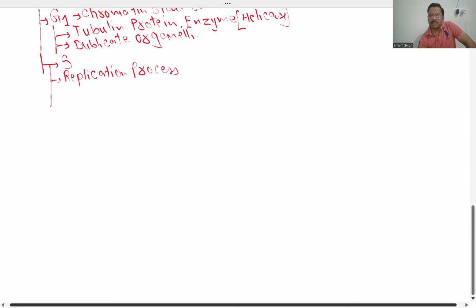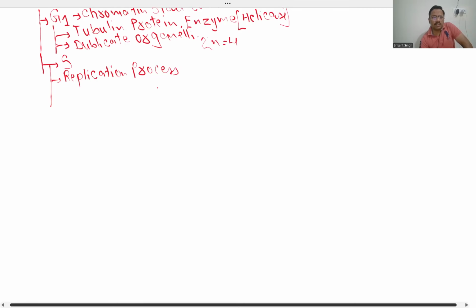In G1 phase, the chromosome number is 2n equal to 4. So when the replication process occurs, the quantity of the cell volume is also going to double.